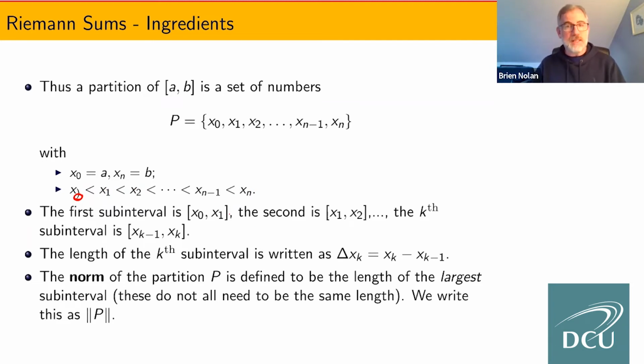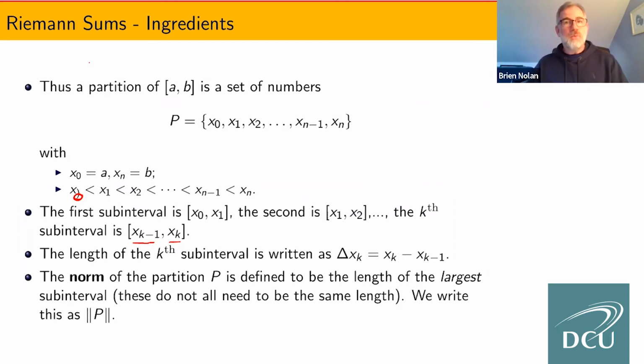That gives us these n subintervals, the first one being from x0 to x1, the second one from x1 to x2, the third one from x2 to x3, and so on. The general interval, the kth interval, starts at x(k-1) and finishes at xk. So for future reference, it's good to have those labels for us to be able to use.